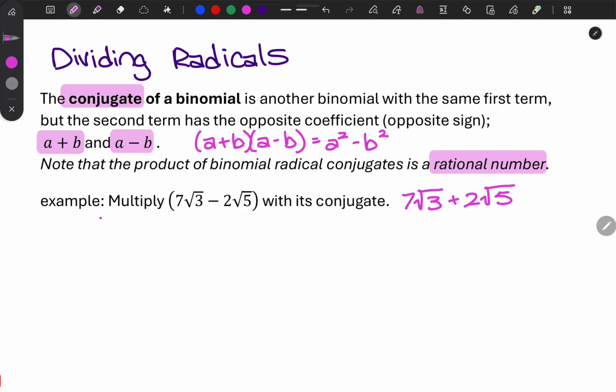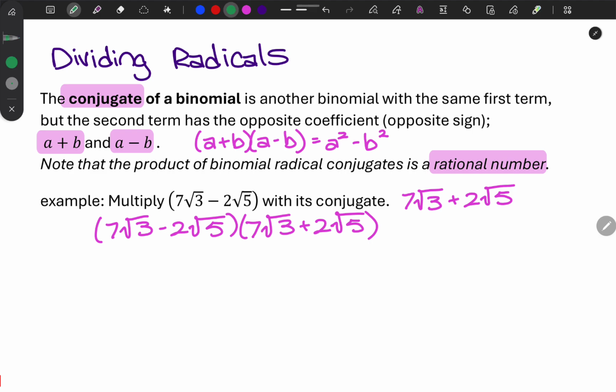If we want to multiply them together, let's write out a multiplication statement. 7 root 3 minus 2 root 5 times 7 root 3 plus 2 root 5. And we now apply the distributive property to multiply these out.